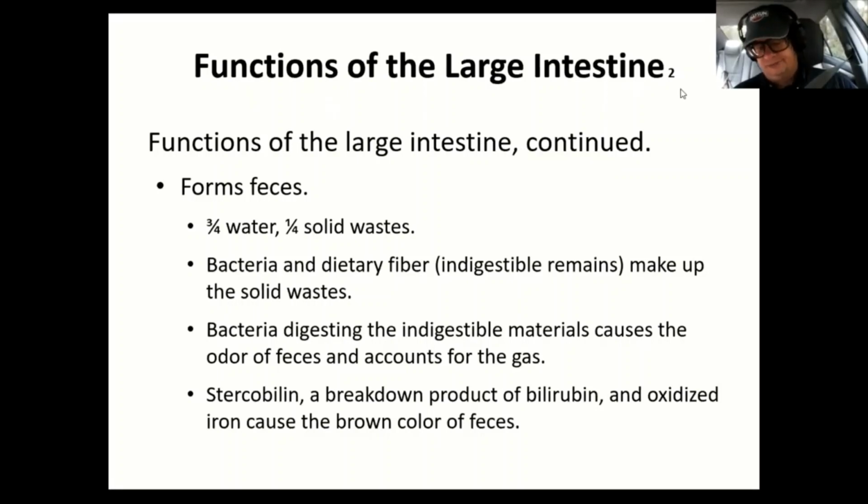So again, the brown color is iron from the hemoglobin that's been passed from heme to urobilinogen to bilirubin to stercobilin. It's a long process, but that's why poop is brown.